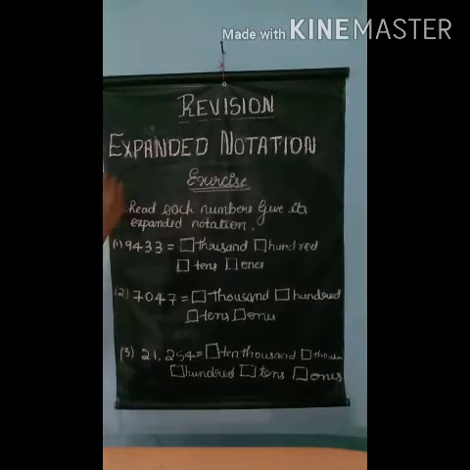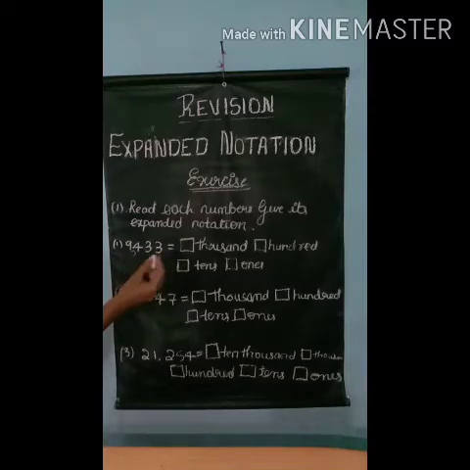Now we solve the exercise question. First question is: read each number, give its expanded notation. So what is the first number? 9433. Here they have already given the place values.